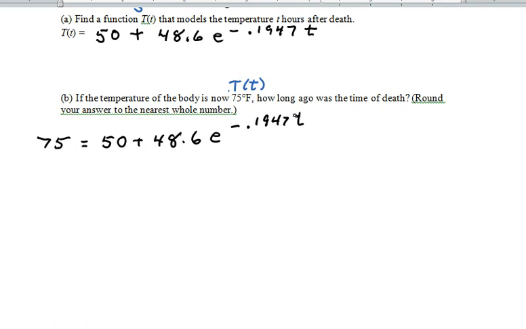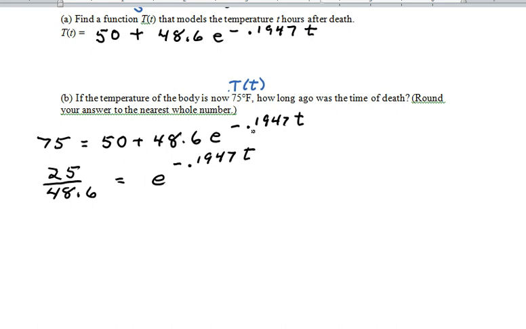And we're looking for the lowercase t. First of all, we'll subtract 50 from both sides and divide by 48.6 to get 25 divided by 48.6 equals e to the negative 0.1947t.